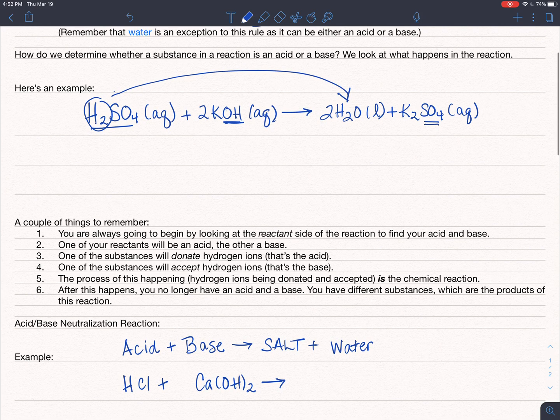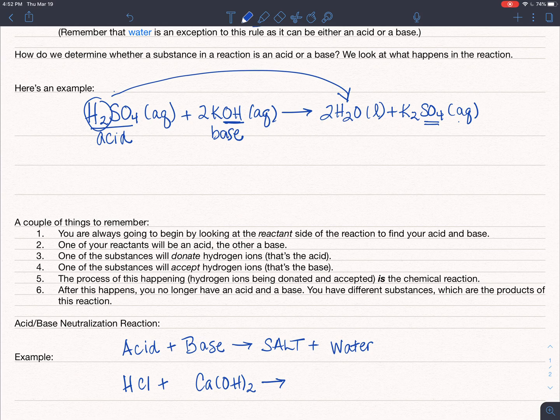So H2SO4 has donated its H's to the OH. This is my acid, and this is my base, and it makes different substances. That's the whole point of a chemical reaction. We have new substances, and we don't have either of the substances that we began with.